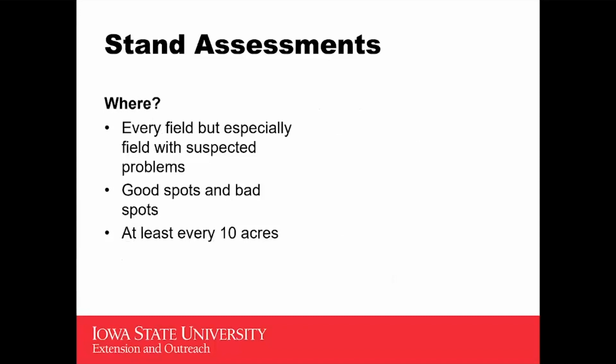So where am I a big proponent of doing this? We should be doing it in every field because every field got planted into different conditions. We're maybe using different seed. We may have different management from one field to the next. So every field we should be looking at. We should be especially looking at fields where we know we have suspected problems.